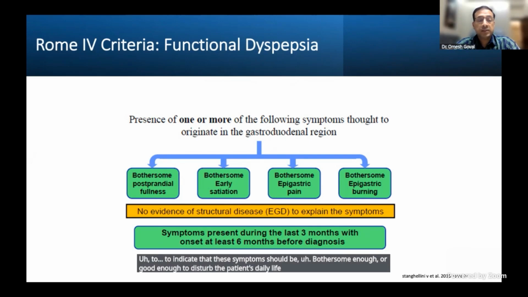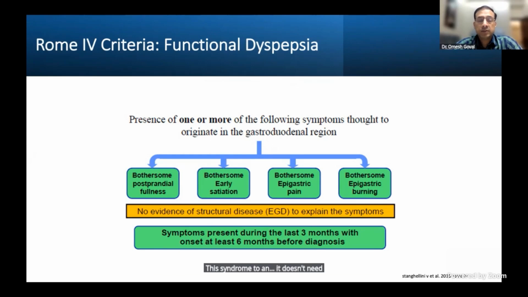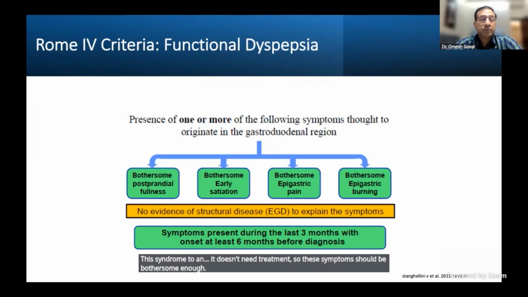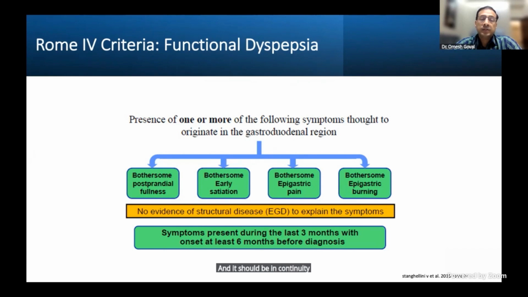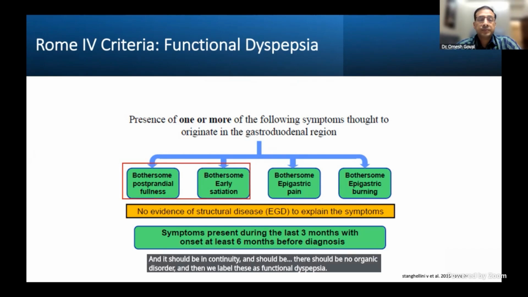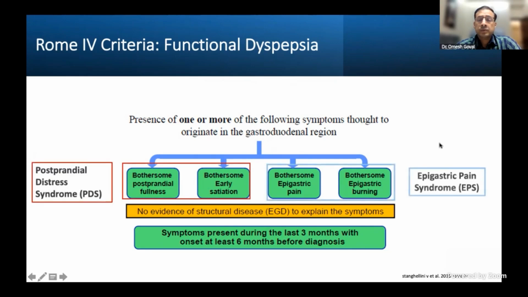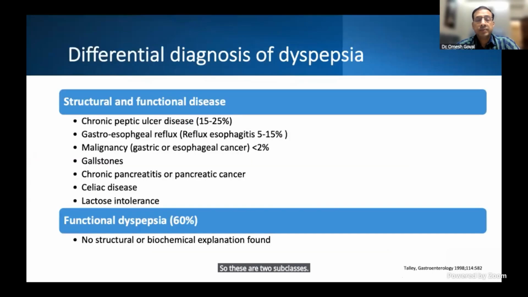It's not that mild pain or mild burning should be labeled as this syndrome and it doesn't need treatment. So these symptoms should be bothersome enough and should be in continuity, and there should be no organic disorder. And then we label these as functional dyspepsia. So these are two subclasses, PDS and EPS.